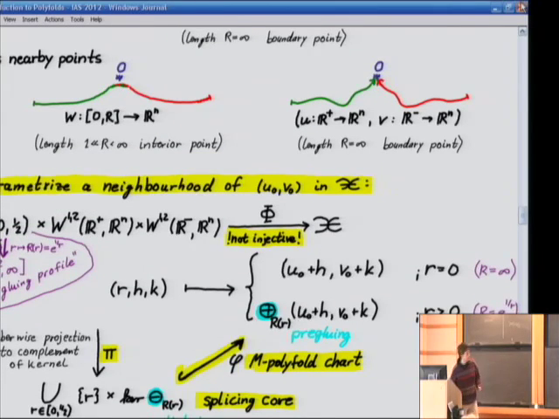Right, this is going to be surjective because that's how we define our topology. It's locally surjective, but it's clearly just not going to be injective, because you forget everything that happens near 0.